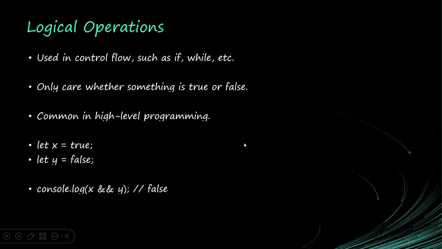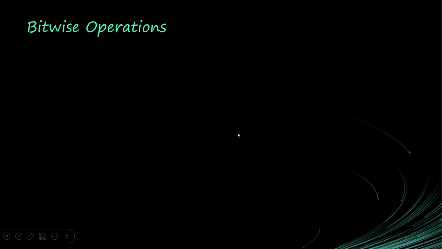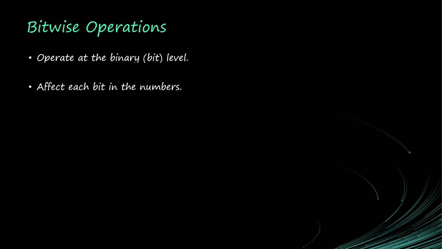I'm going to show you an example. This is the logical AND operator. This is the logical OR operator. The bitwise operations operate at the binary level.